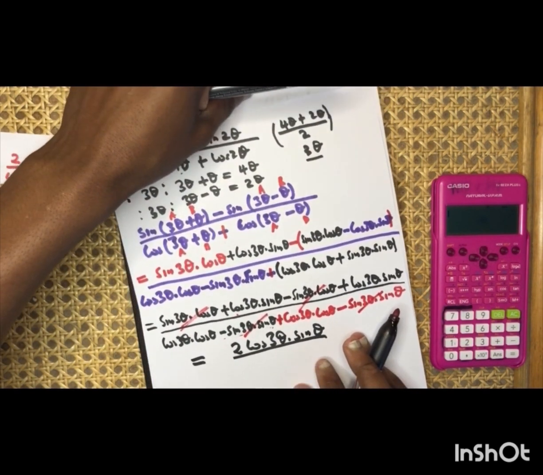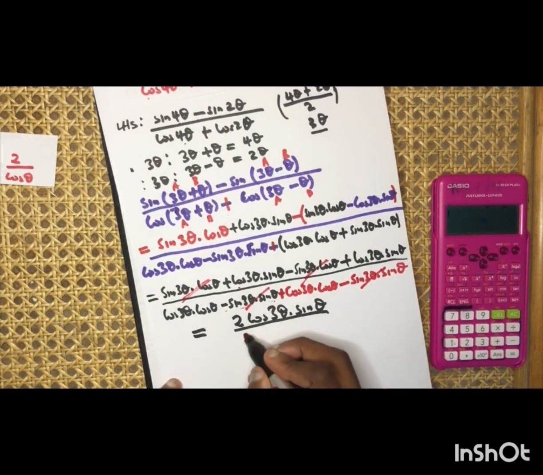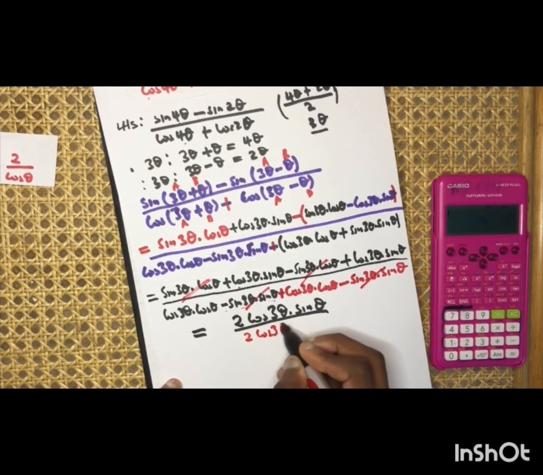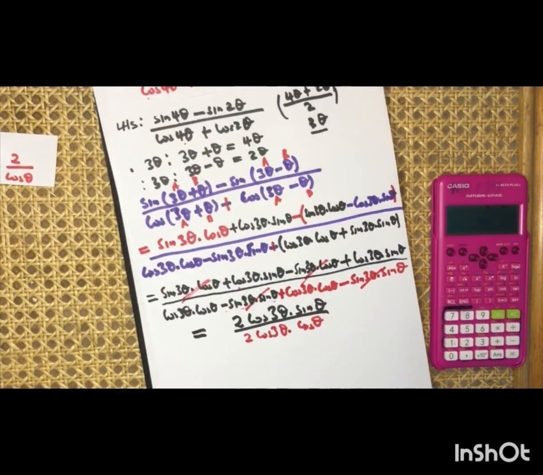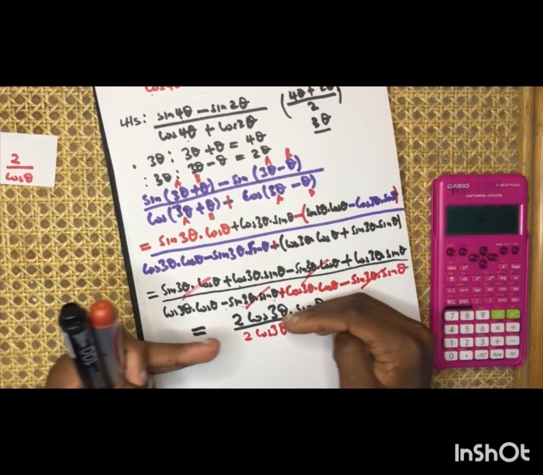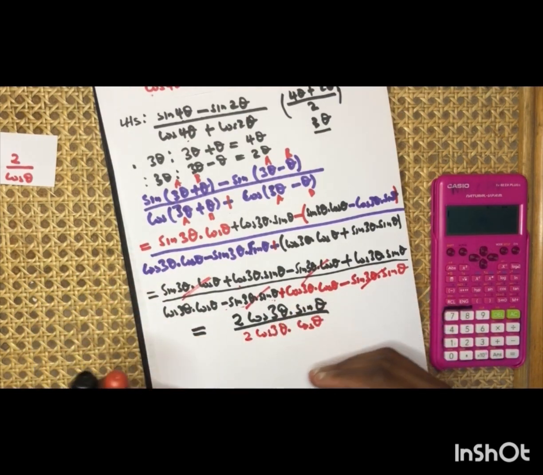I hope that you understand the working. So then cos 3 theta plus cos 3 theta. This one is going to give us 2 cos 3 theta times cos theta. The reason I looked for what we missed is because if I subtract this one and subtract this one, I was going to get 0 on the denominator, which means the expression is undefined.